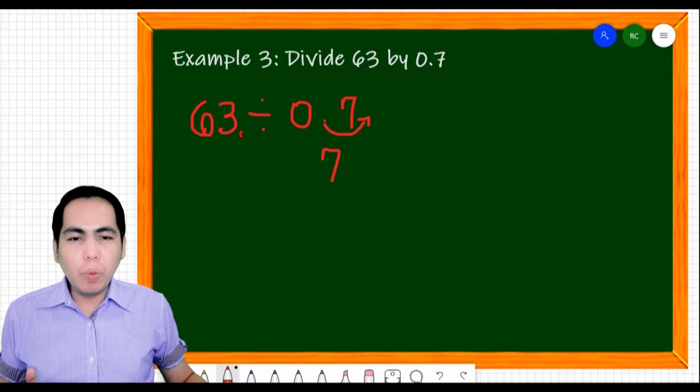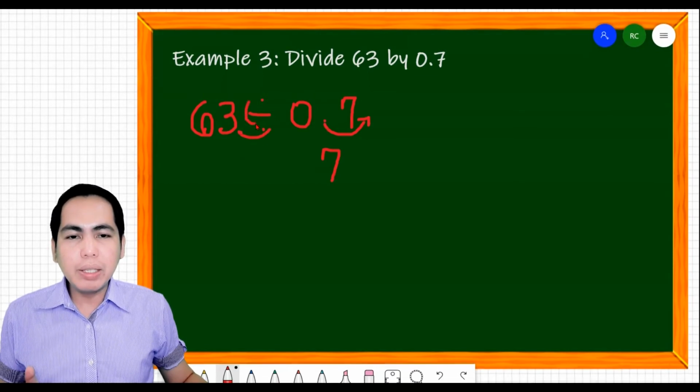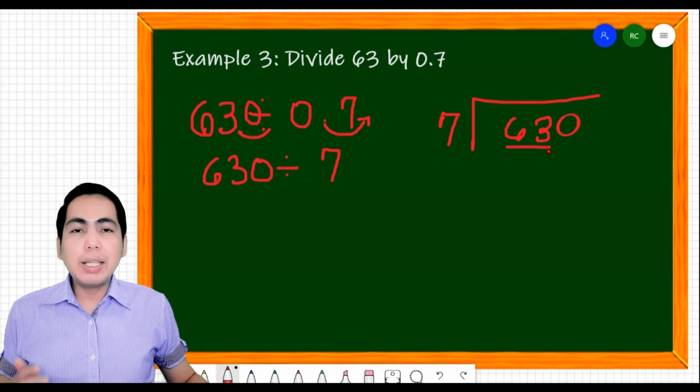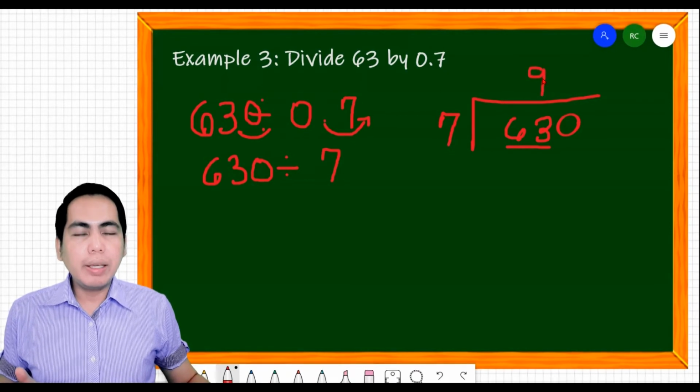So we have to move 1 decimal place, and then we are going to replace the empty space with 0. So this becomes 630 divided by 7. 63 divided by 7 is equal to 9. 9 times 7 is 63.